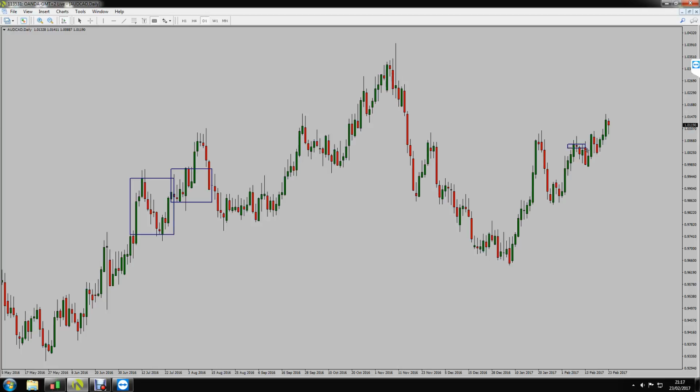Here it is. You can see that the support of the second range is right at the middle level of the first one.